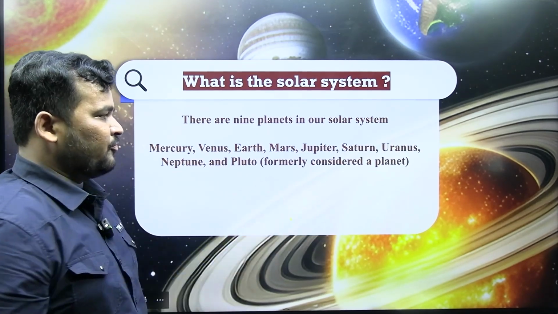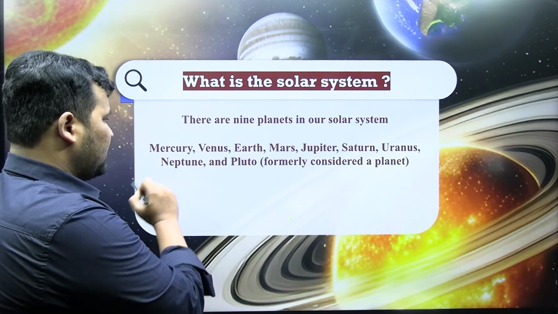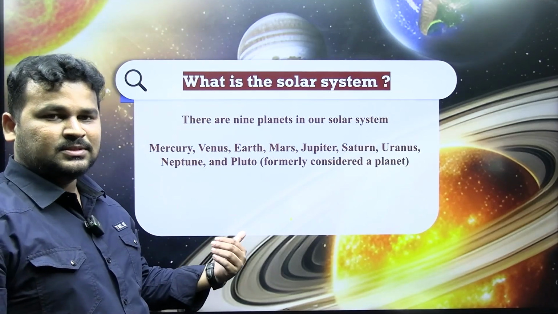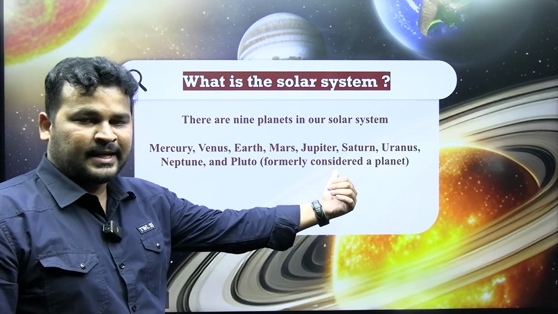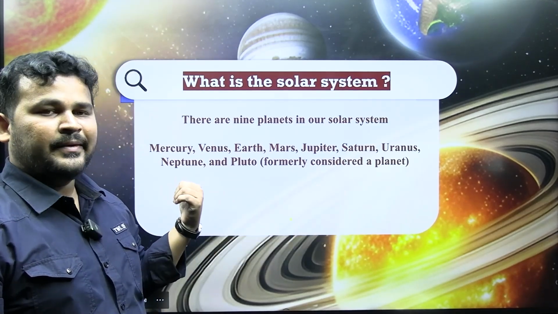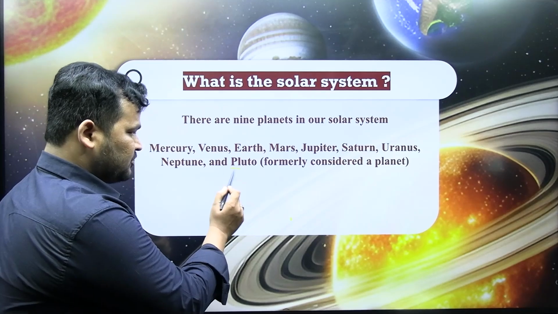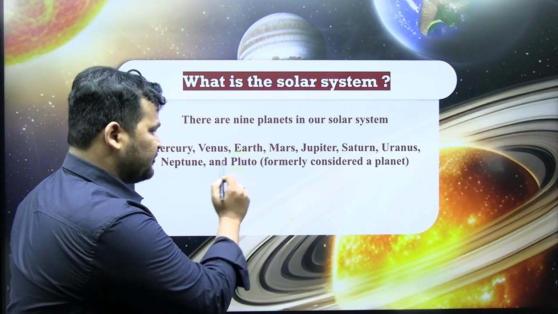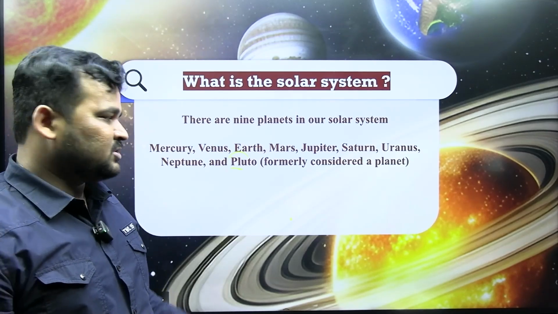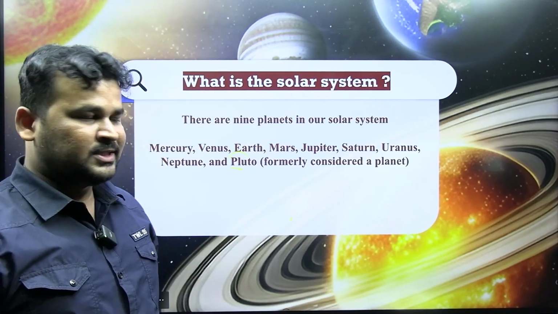Now, as of now, we have these planets: Mercury, Venus, Earth, Mars, Jupiter, Saturn, Uranus, Neptune. Pluto is not an official planet, but it was a dwarf planet. So please remember it.